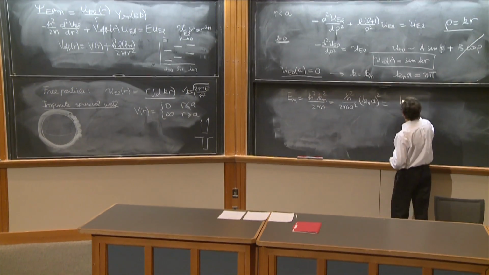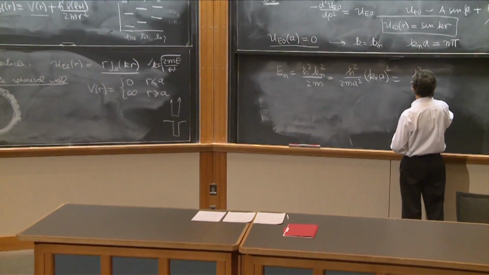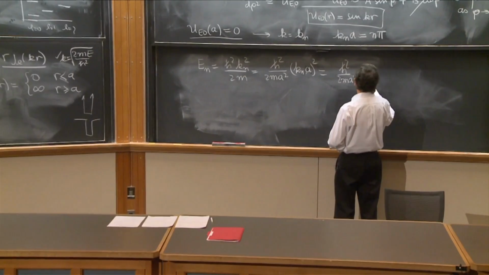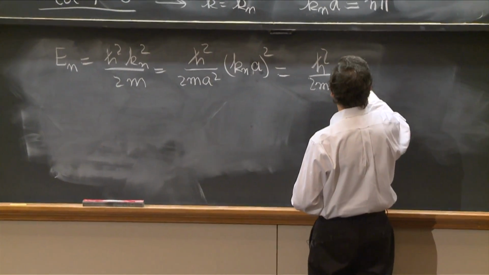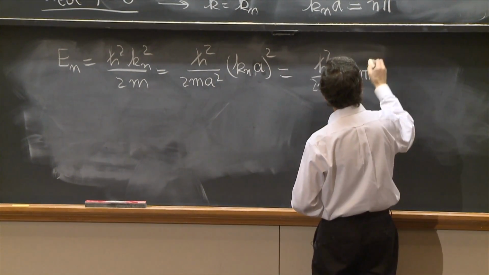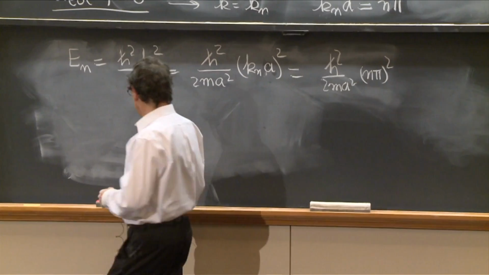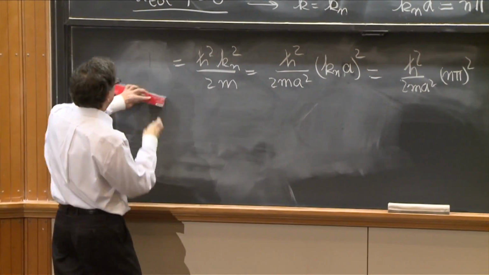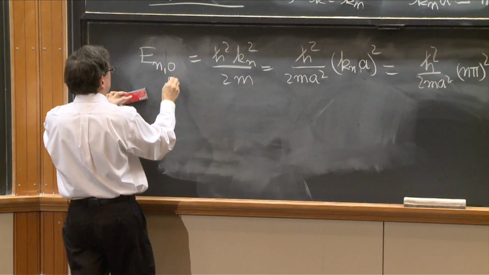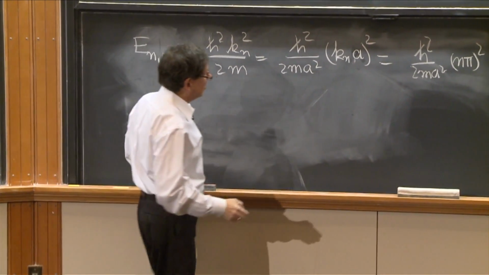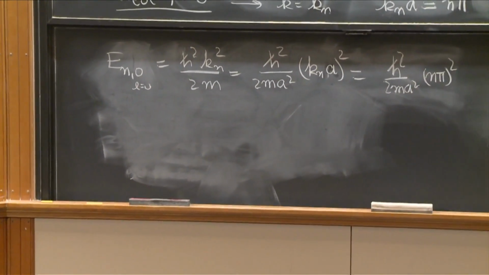So the energies are h squared over 2ma squared times n pi squared. I'll put them like this, En0 for L equals 0, ENL's energies.